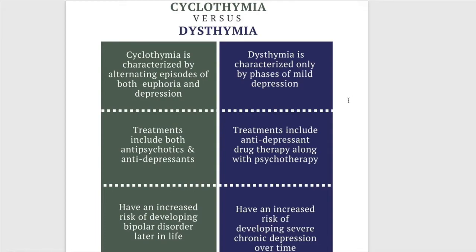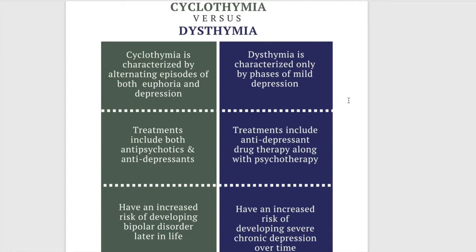So let's go ahead and start off with cyclothymia. Cyclothymia requires a minimum 2-year history of criteria and symptoms. Basically, it's not quite as hypomanic and not as depressive as we see in the bipolar disorders.